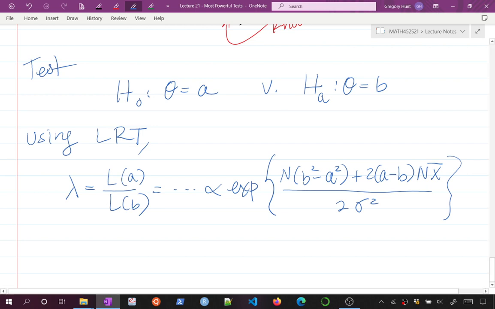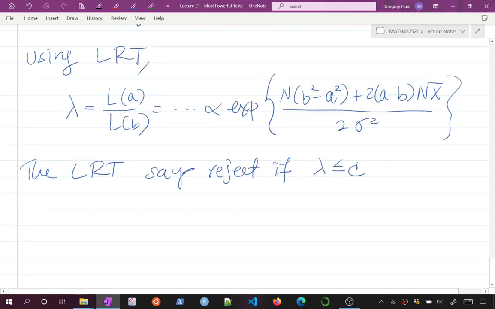And so the LRT says reject if lambda is less than some value c. We're going to have to see how we choose that.